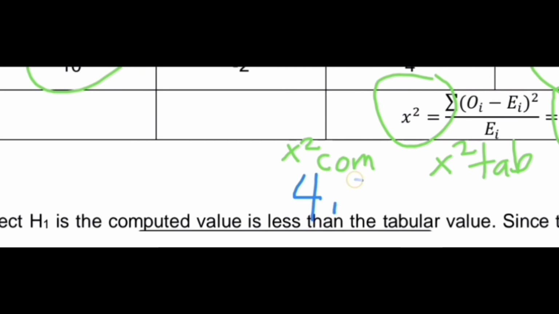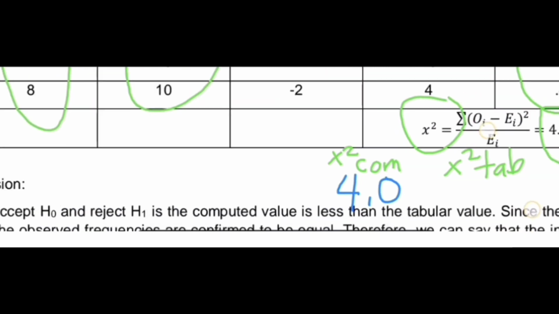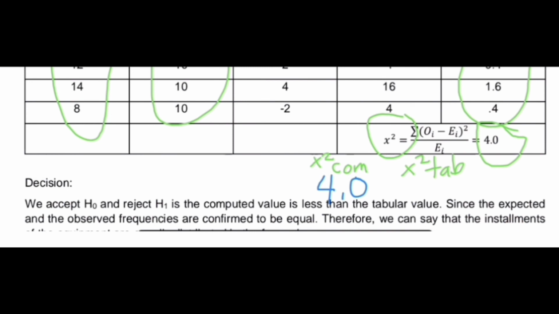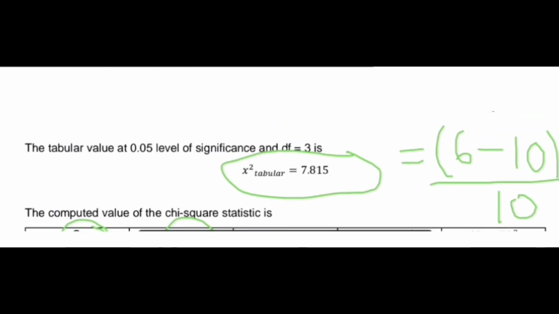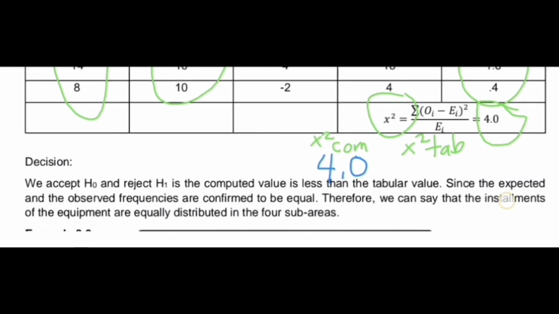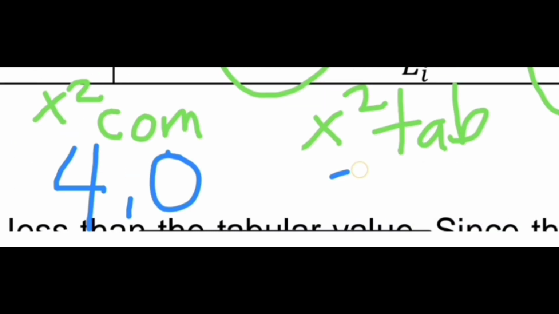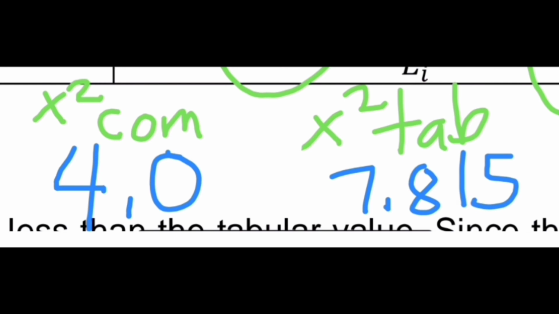And our x squared tabular, here, it's 7.815.